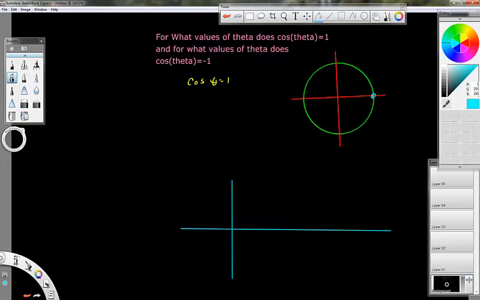So this point right here, this blue dot, will be 1, 0 on our unit circle. This will be 0, 1, negative 1, 0, and 0, negative 1. So these 4 points we're going to use to generate the graph of the cosine function.